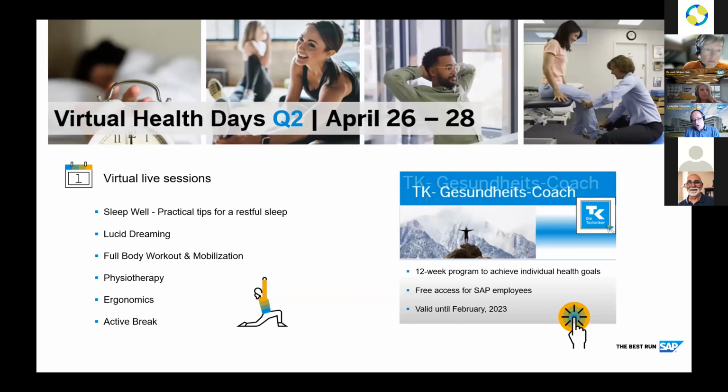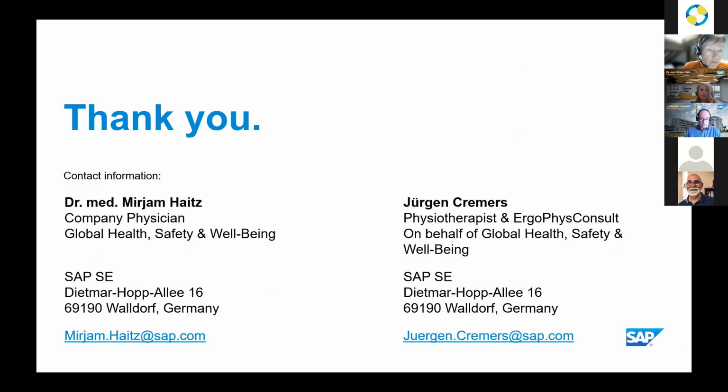Then we have collaborations with health insurance companies that also offer their own health promotion events. And of course, we are part of the Light the Load campaign worldwide with a lot of activities for our employees. So that was a short, brief overview of how we live ergonomics at SAP, and I thank you for your attention.